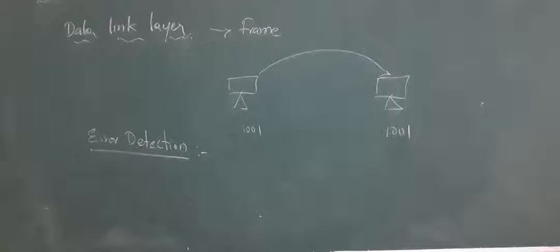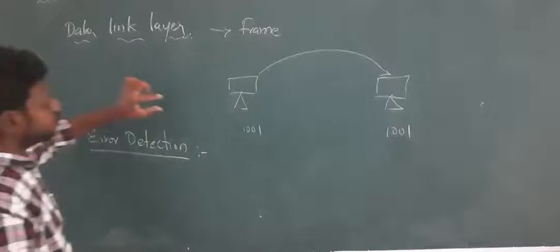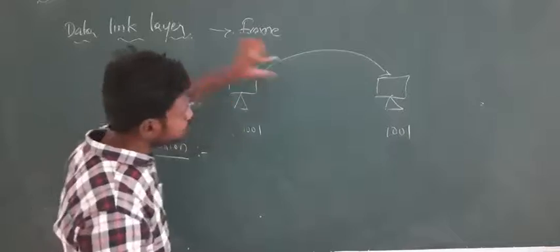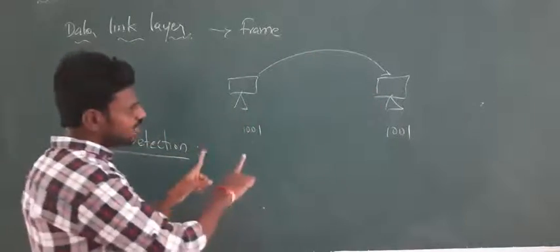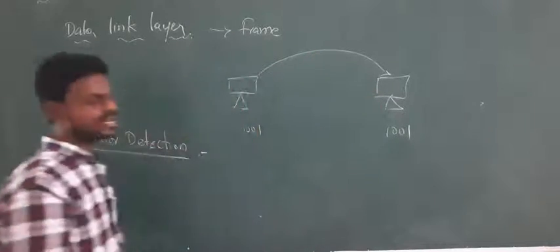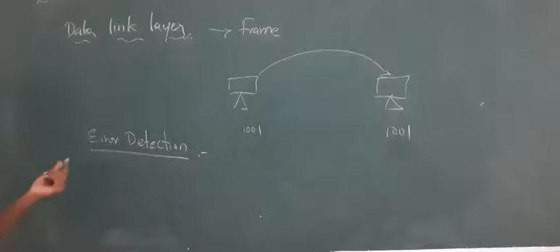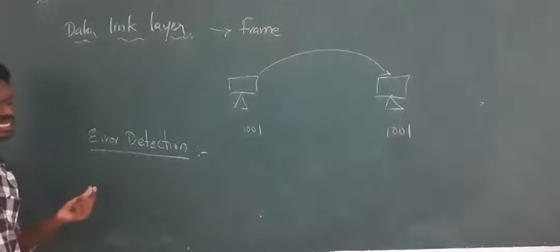It is the process of detecting interference. While we are transmitting this data, whether any error occurs or not will be taken care of by your data link layer. How it will be taken care of and which techniques will be used, we will discuss in our next lecture. But here I want to discuss one more thing about this data link layer.